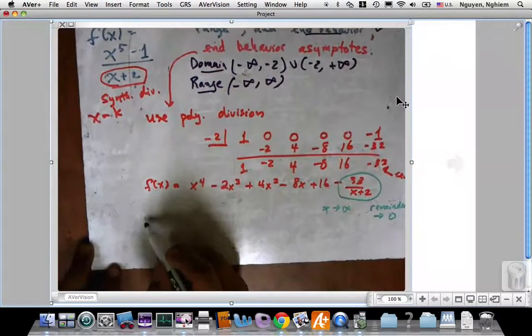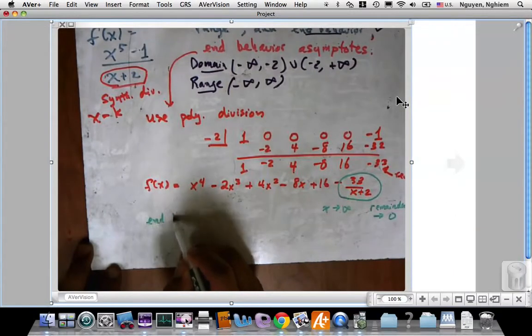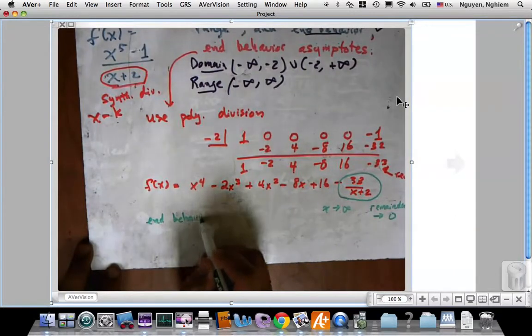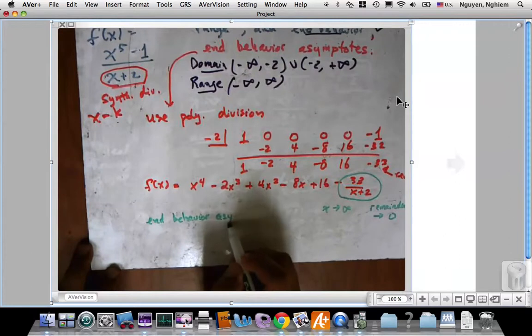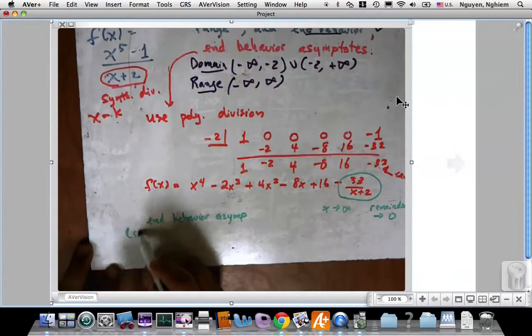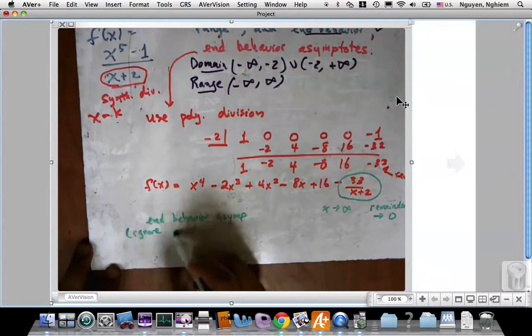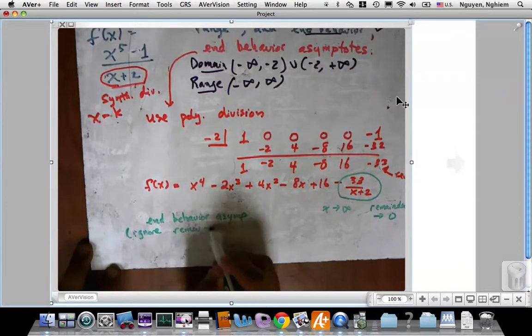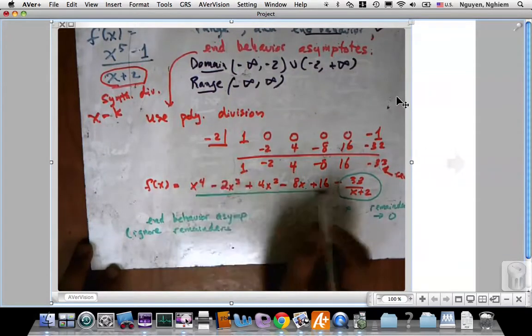So as far as end behavior asymptotes are concerned, we can ignore remainders. And we can just look at this function here.